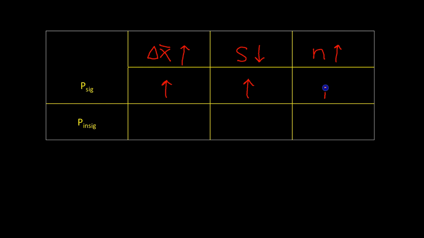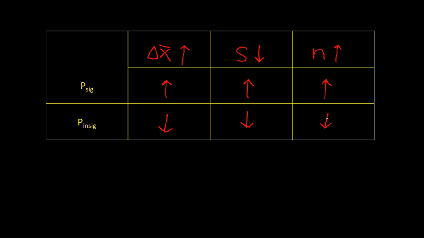And also as the number of samples increases, it increases. And just one thing to remember is that p sig and p insig are exactly opposite of each other. So as the difference in mean increases, the likelihood that they are the same decreases. Same thing with standard deviation.